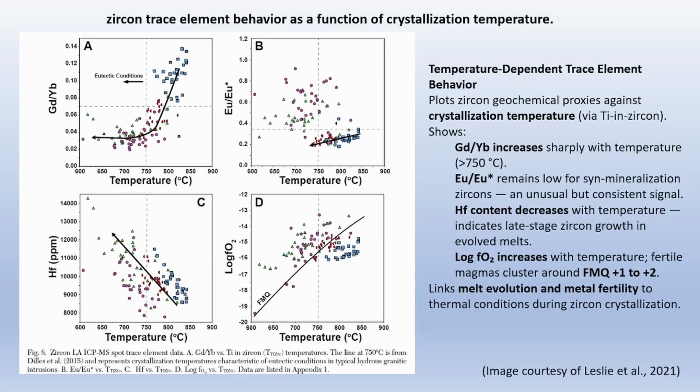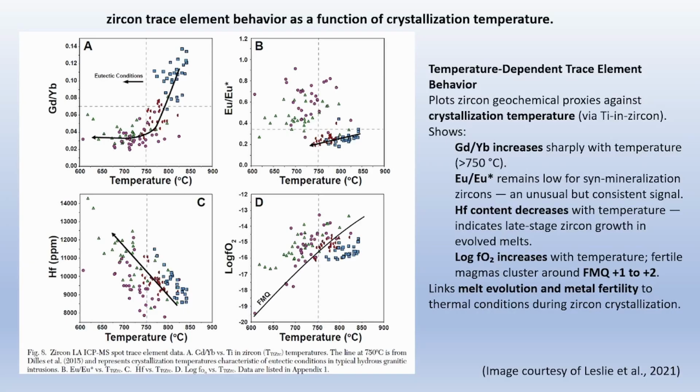The fertile intrusions show high europium and low gadolinium/ytterbium ratios. Again, they show crystallization from oxidized, evolved melts, which are perfect for these porphyries. And the barren ones have lower europium and higher gadolinium/ytterbium. They're lacking the chemistry needed to carry metals.